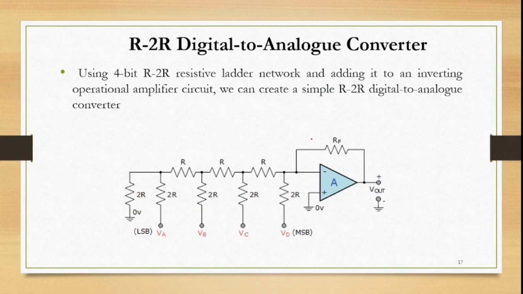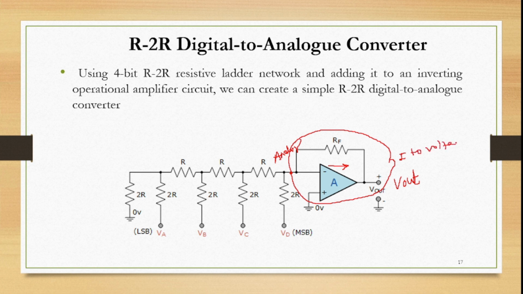So finally we have a circuit up to which we are getting the analog value, but what we require is in terms of voltage. So we have a V out, and this will act like a current to voltage converter. The current will flow in this direction, and we will have V out.